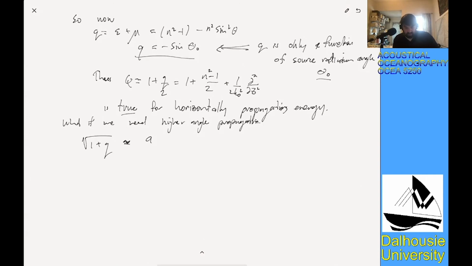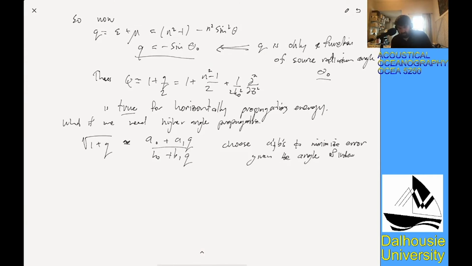We can say that it's A naught plus A1 Q over B naught plus B1 Q. And then we choose the A's and B's to minimize error, given the angle of interest. This works well for theta naught less than 40 degrees.